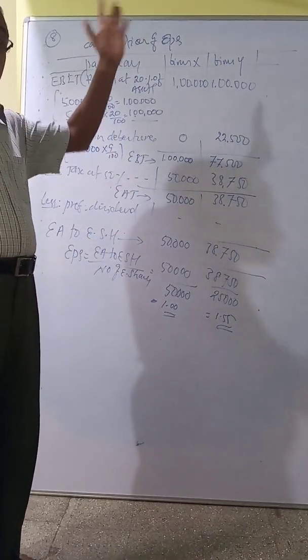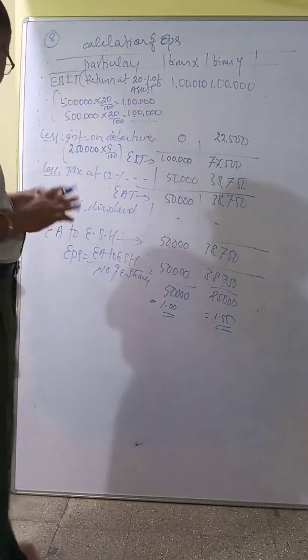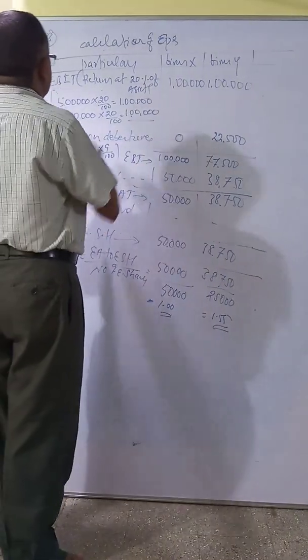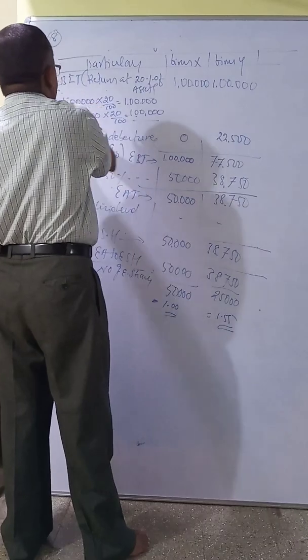Here assets of 5 lakh for both firms are given. How to calculate EBIT? See, after understanding this first calculation, see the second calculation.